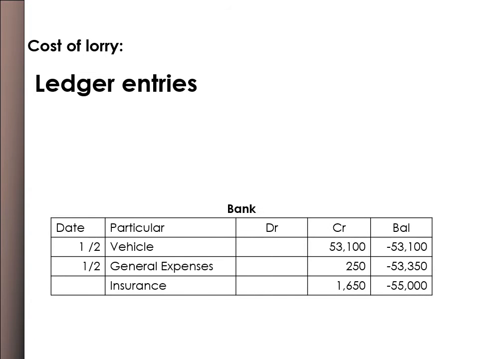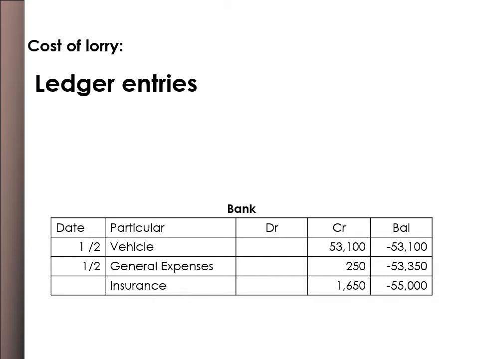So for your record, even though you pay 55,000, you need to distinguish and separate the expenses. This is called revenue expenditure, not capital expenditure.